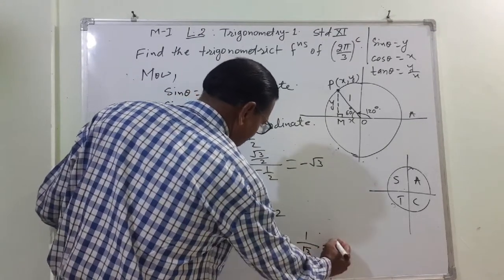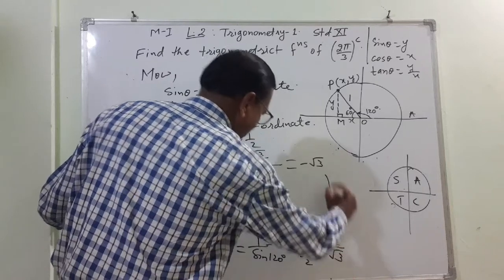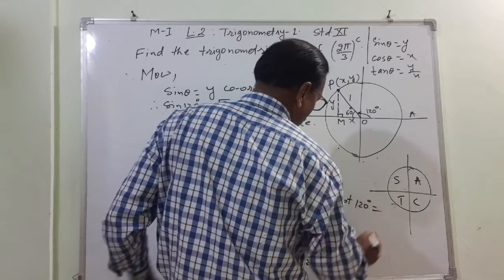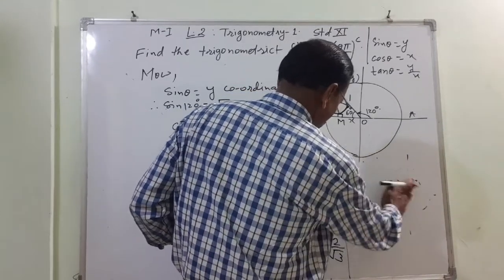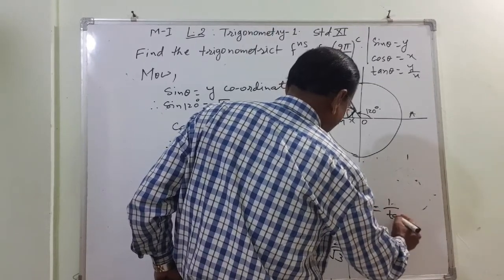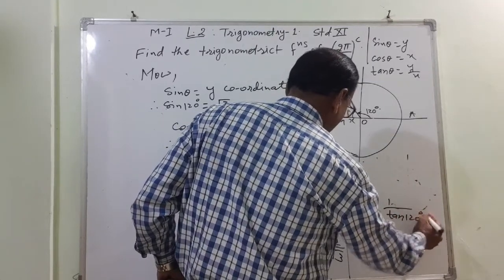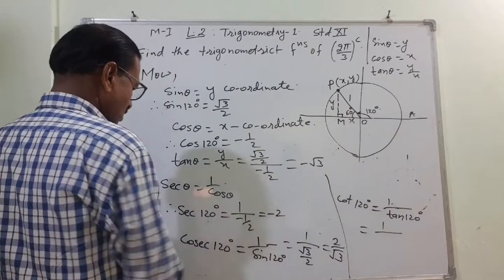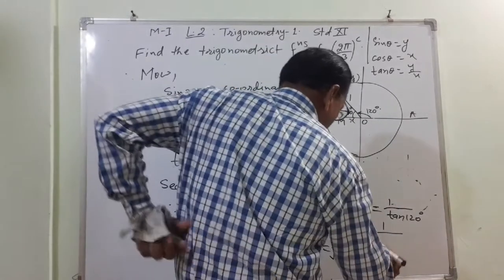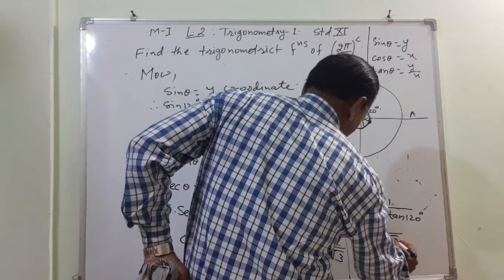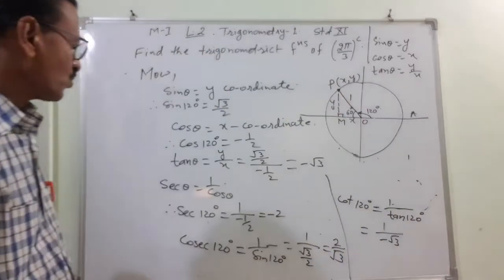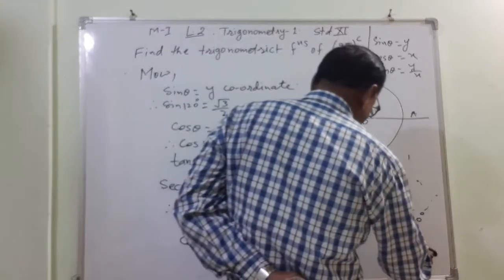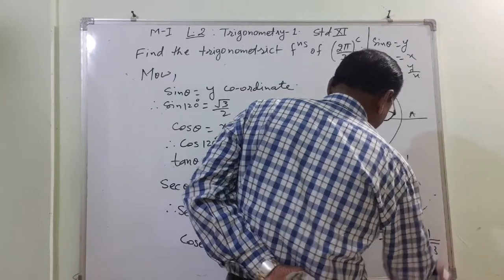That is equal to 2 upon root 3. Now what is remaining? Cot. Cot of 120 degree is equal to 1 upon tan 120 degree, that is equal to 1 upon tan 120, which is minus root 3. So 1 upon minus root 3. So this way, minus 1 upon root 3.